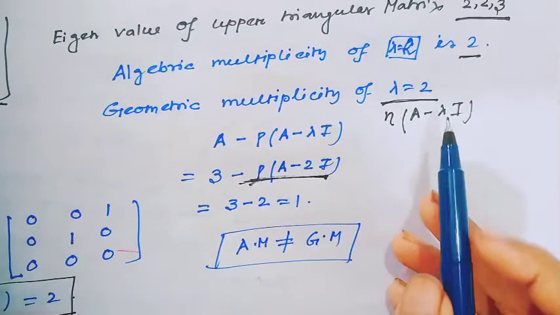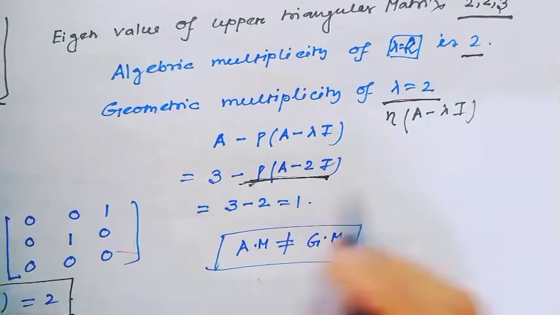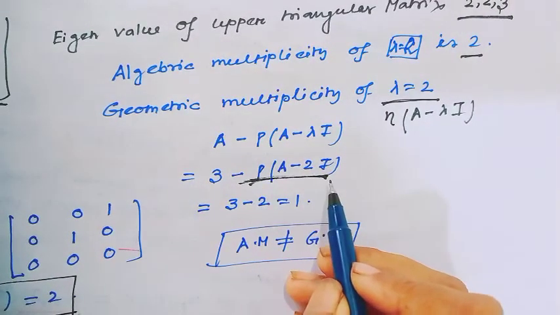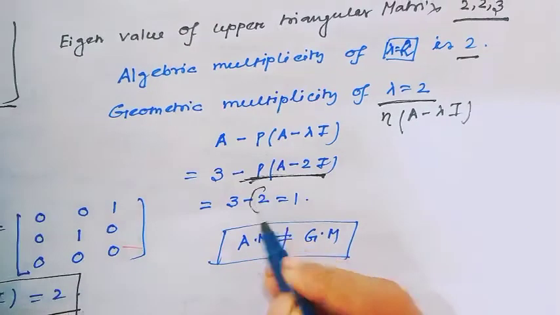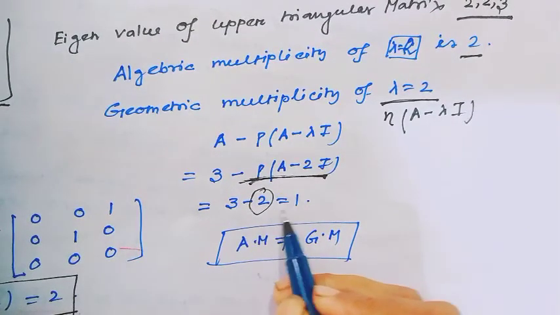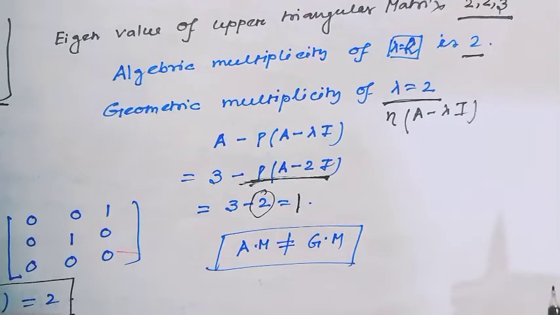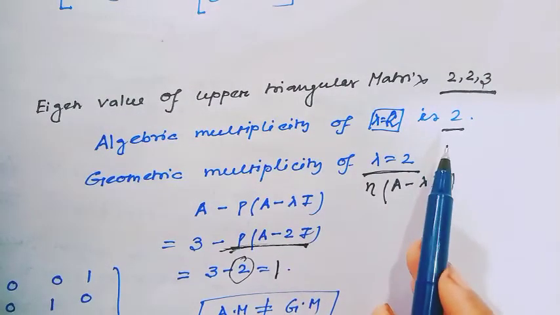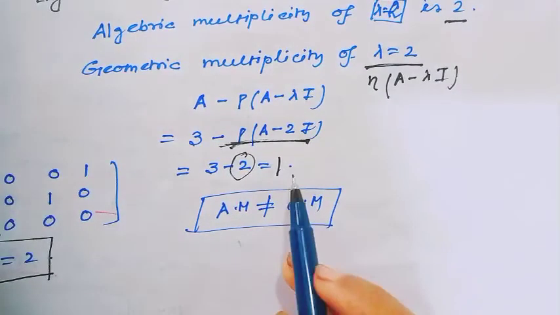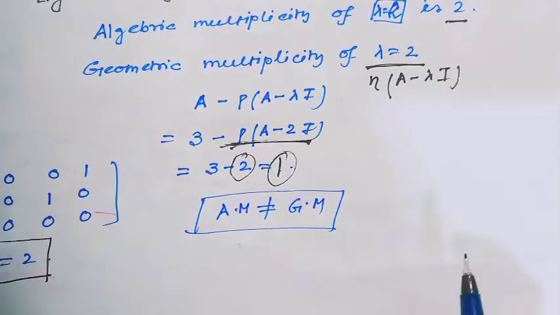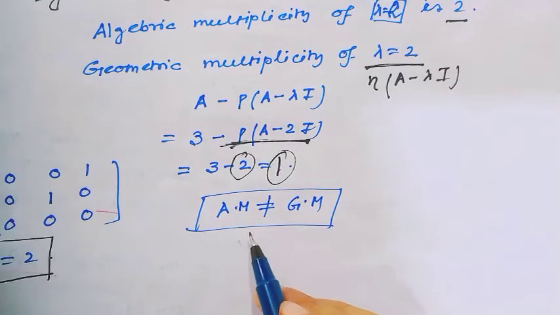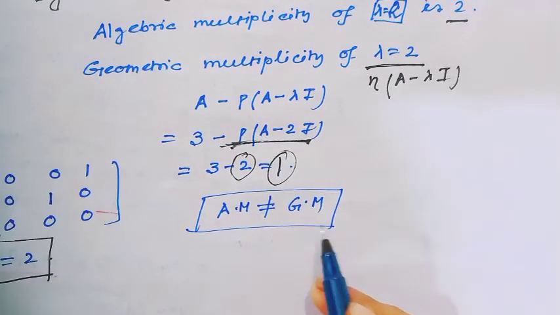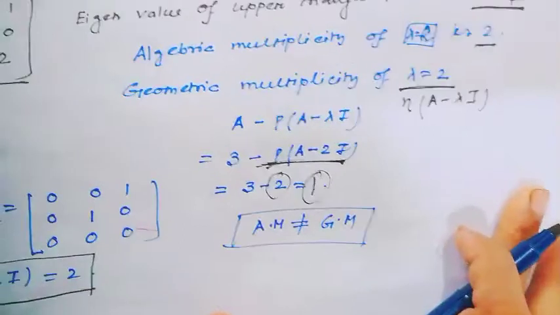And the geometric multiplicity for lambda equal to 2 is, since the rank of A minus 2I is 2, 3 minus 2 equal to 1. Since the algebraic multiplicity of lambda equal to 2 is 2 and the geometric multiplicity is 1, the algebraic multiplicity is not equal to the geometric multiplicity.